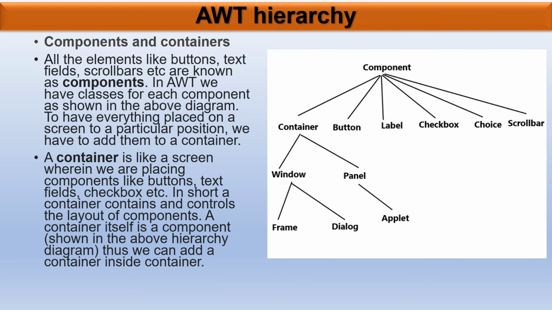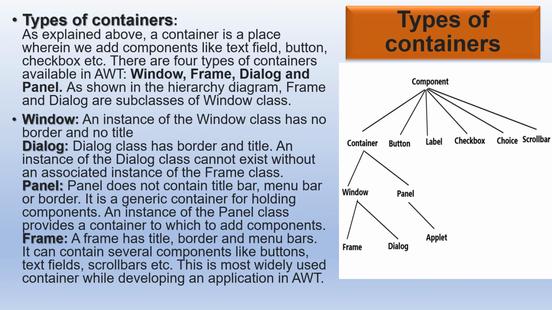A container is like a screen where we place components like buttons, text fields, checkboxes, etc. In short, a container contains and controls the layout of the components. A container itself is a component. This is shown in the diagram, and we can add a container inside a container. That is called the AWT hierarchy.